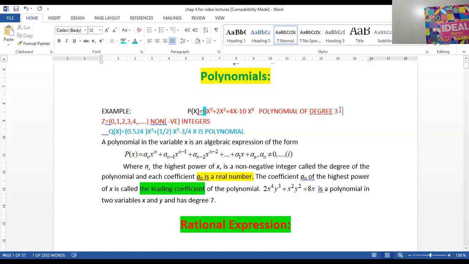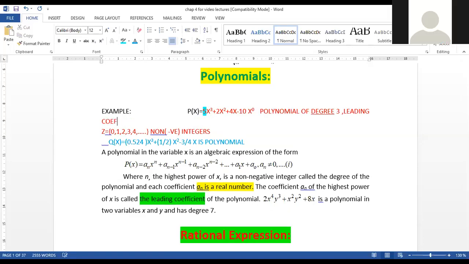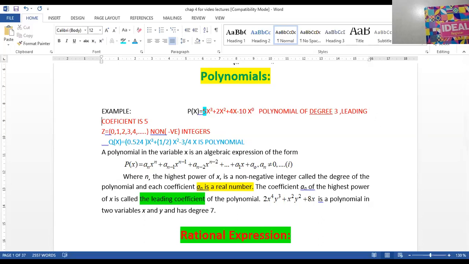And I also want to add here what the leading coefficient is. So the leading coefficient is another definition. The leading coefficient is 5 here in this above example, because we are going to see the same sort of questions in the exercise in a moment.